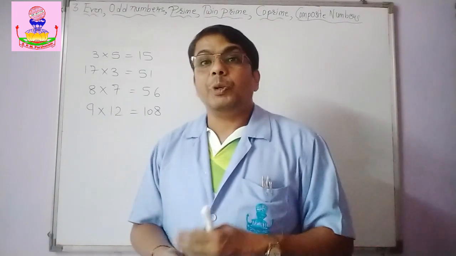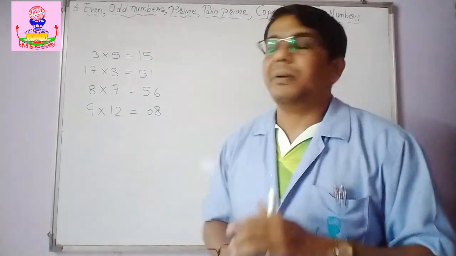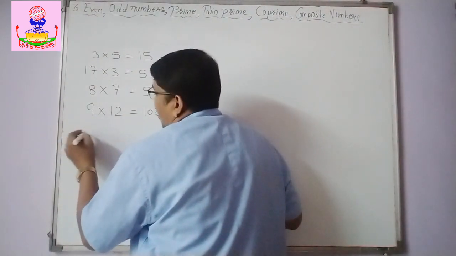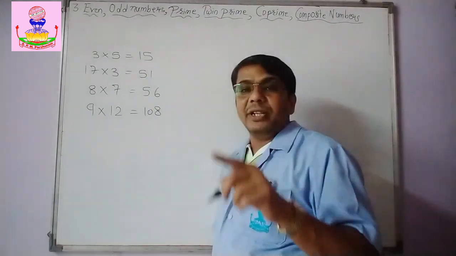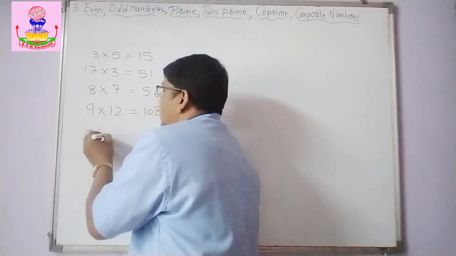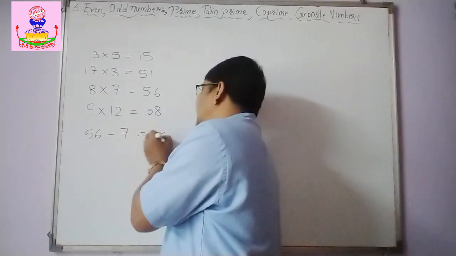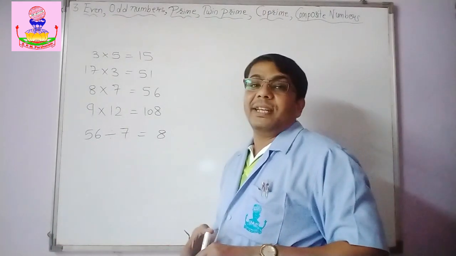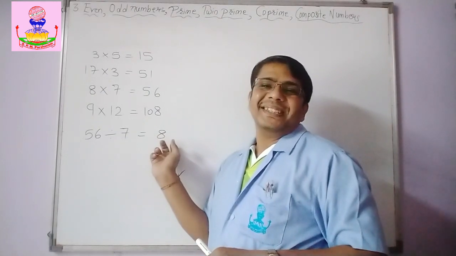Opposite. Suppose I divide an even number by an odd number, then what will I get? 56 divided by 7, I get 8. So when an even number is divided by an odd number, I get an even number, right?